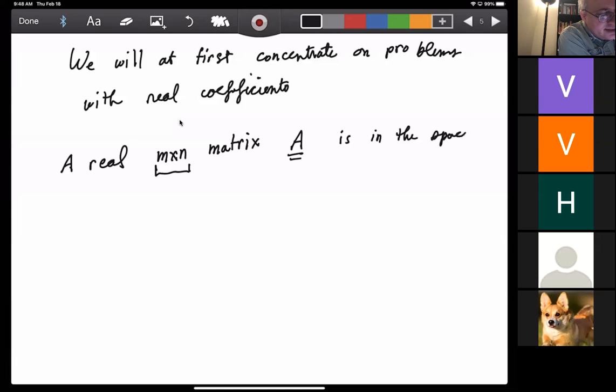So we say this is in the space script m for matrices, m by n, so the set of matrices with m rows and n columns, and that funny R represents the real numbers.